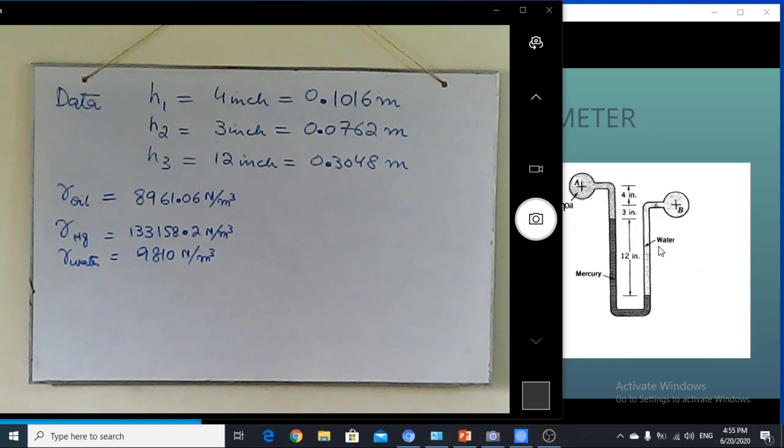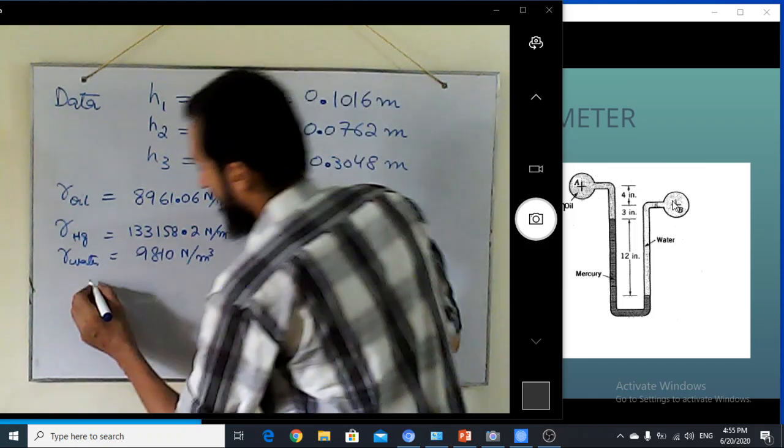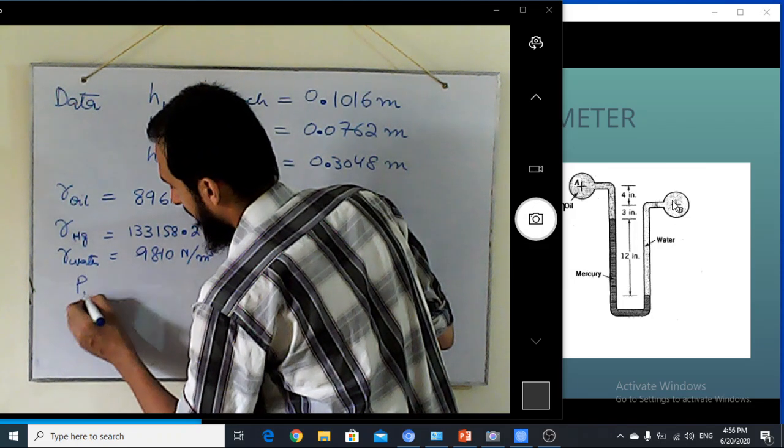Then I will form the mathematical expression for this U-tube manometer, starting from this point and moving towards point B. The equation becomes: first I start from PA.